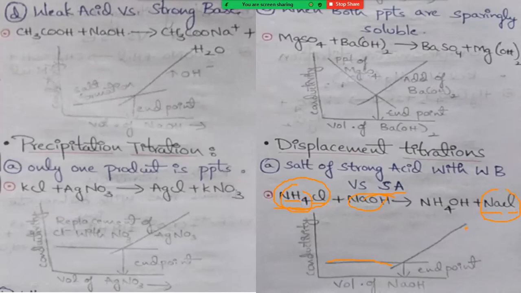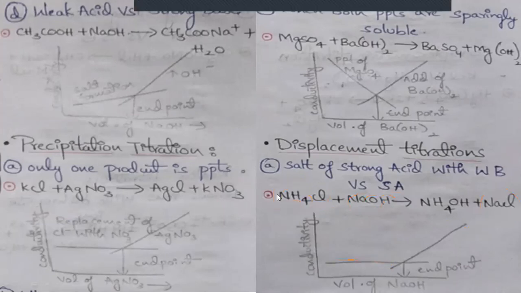The same charge compounds are displaced, so we get the same conductivity values. The reactant, ammonium chloride, and the product, sodium chloride, have similar conductivity values.